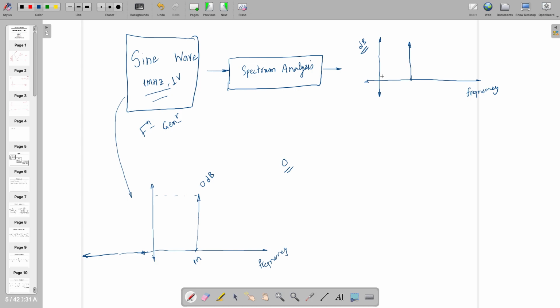Can you understand? On a log scale, 0 is not available. There might be 10 raised to minus 9, 10 raised to minus 20. You can make it close to 0, but you cannot have 0. So if it is 10 raised to minus 8, it's minus 180 dB. This will be minus 240 dB, right?